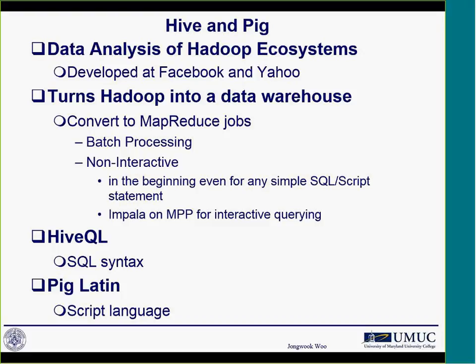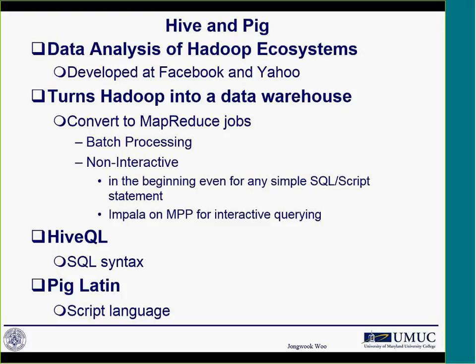HDFS, the Hadoop Distributed File System, is actually a file system, but if you use Hive and Pig, you could regard your Hadoop file system as a data warehouse. And you can use it similar to a relational database.